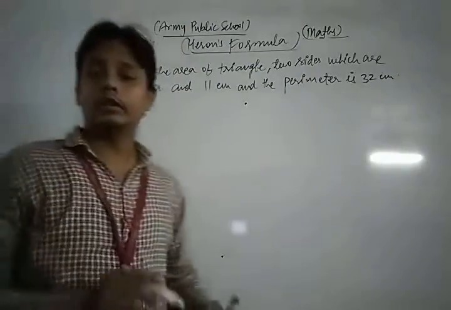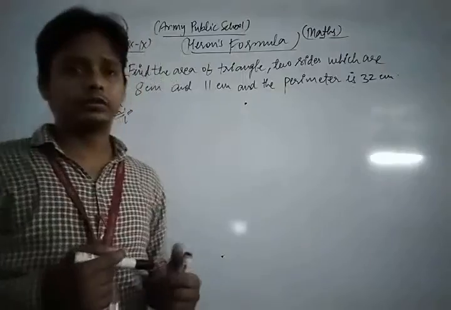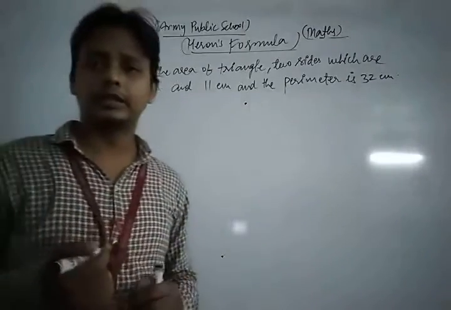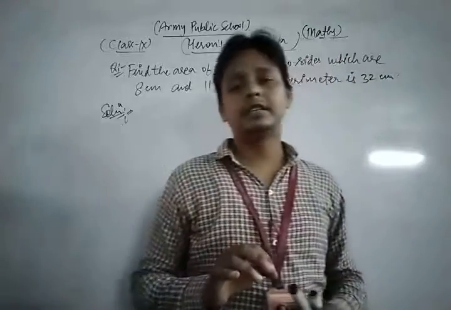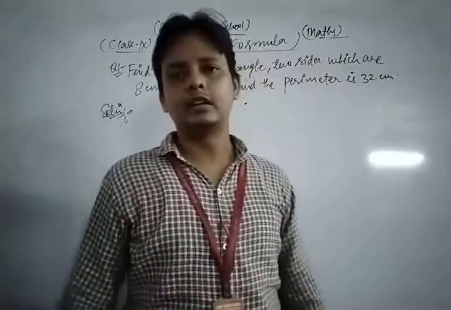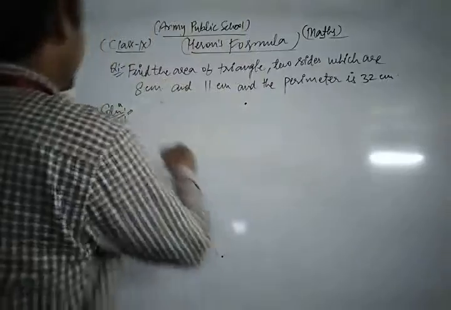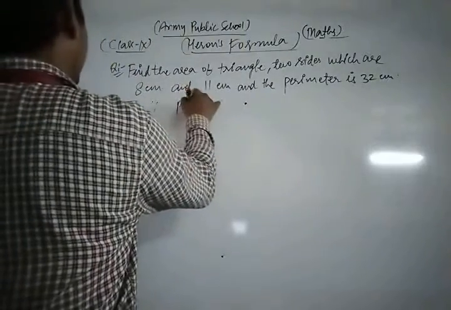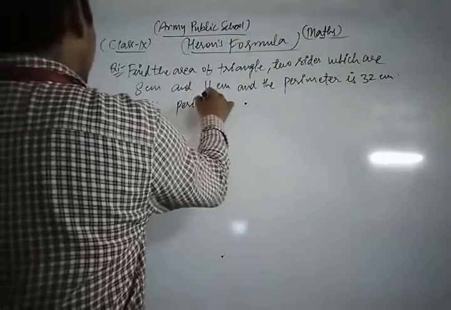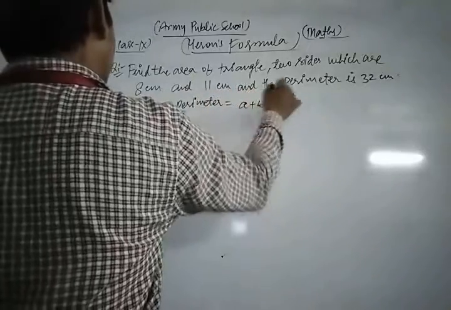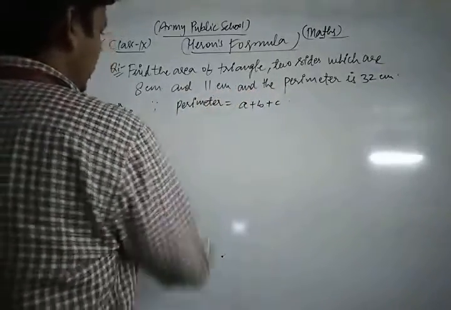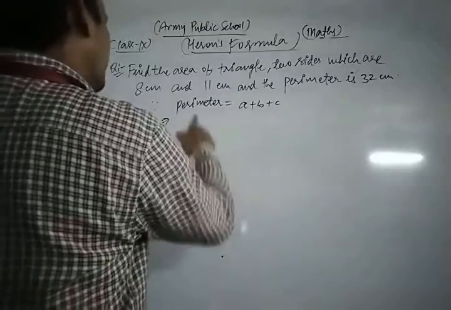So in finding the area of the triangle, first of all we need all three sides of the triangle, and we know that the perimeter is equal to the sum of all its sides, means a plus b plus c. The perimeter is given.